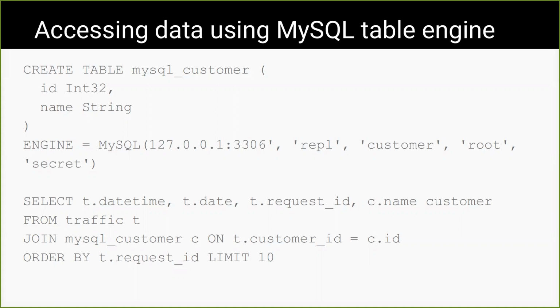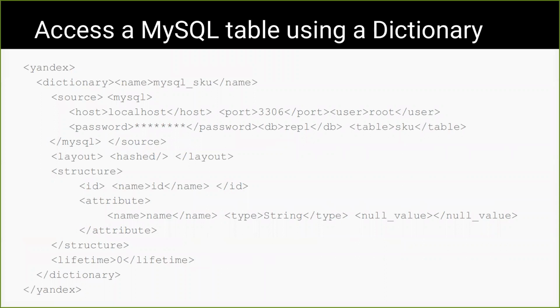So there is a fourth way to get at MySQL data, and that is to use a dictionary. A dictionary, for those who've not used it, is basically a hash map that contains values corresponding to a dimension table that is located in some other place. So the tables can be in files, they can be in ClickHouse itself.